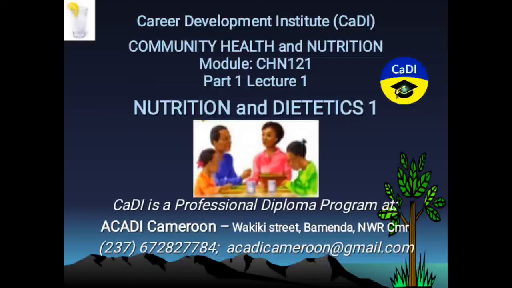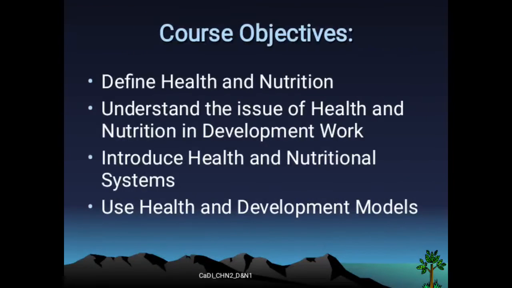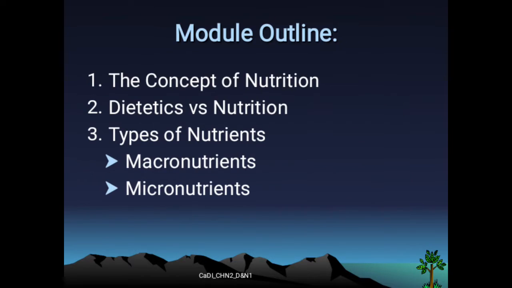Today, we are going to be talking on Nutrition and Dietetics, Lecture 1, Part 1. Course objective: define health and nutrition and all the rest. The module outline: the concept of nutrition, dietetics versus nutrition, types of nutrition.